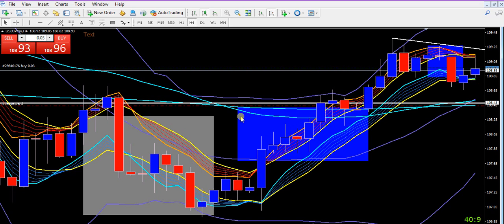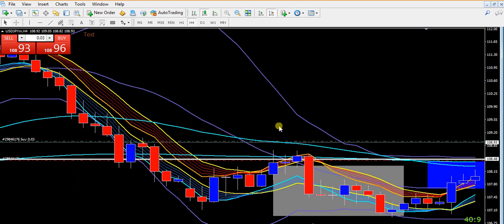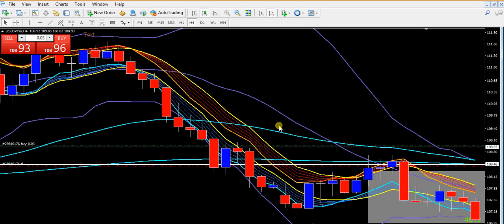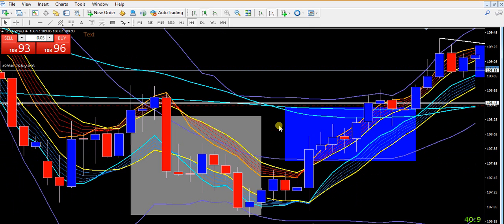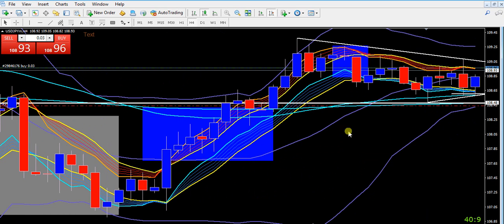I don't like to buy or sell inside this box, because the condition does not match. Whether buying or selling, above or below, it must be the same between the Bollinger Band and the two moving averages.